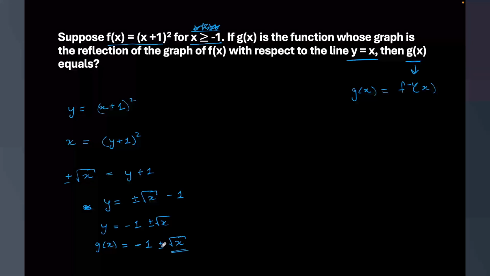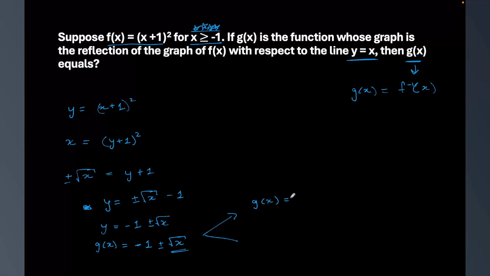I shouldn't be subtracting, okay? So I will only go with g of x is equal to -1 plus the square root of x. Right, this will be my final answer, and I will neglect g of x is equal to -1 minus the square root of x. Okay, so this is my final answer.